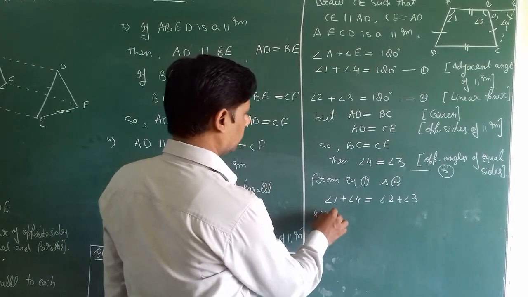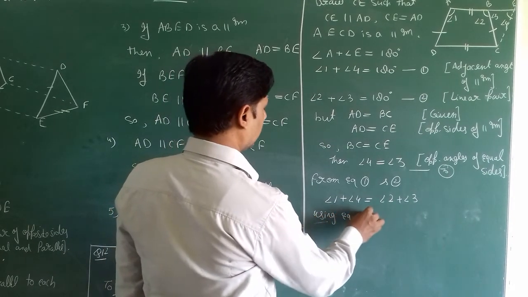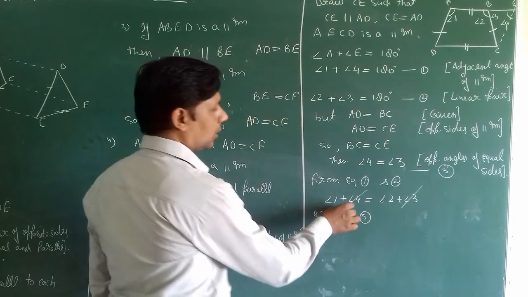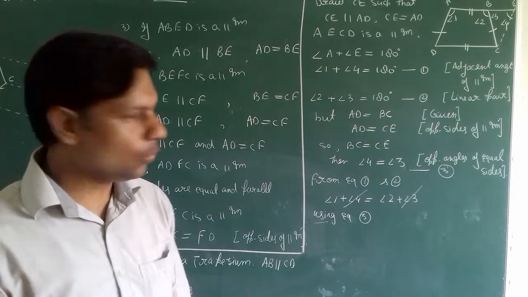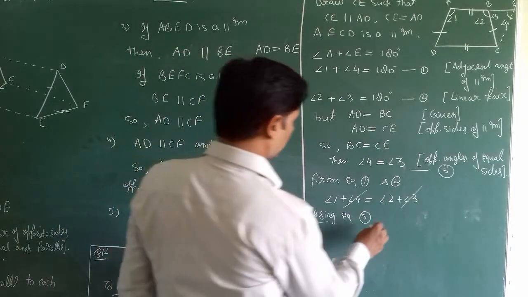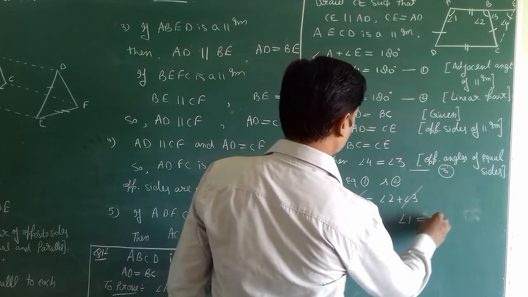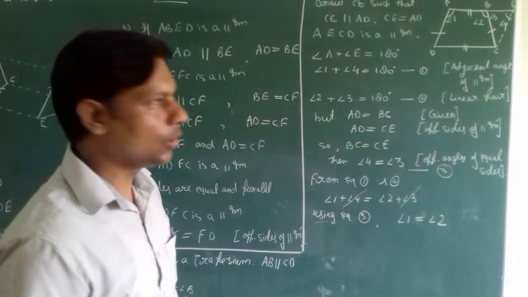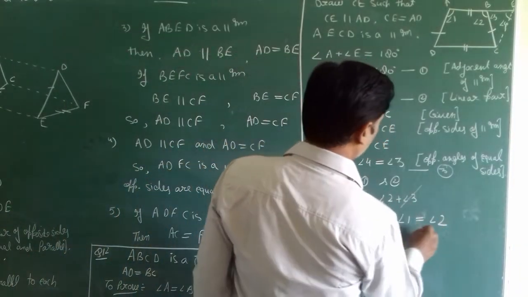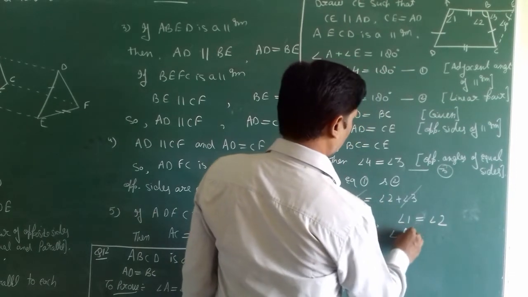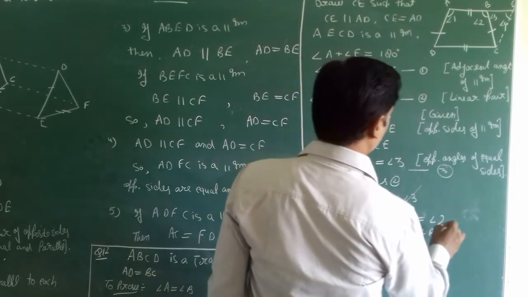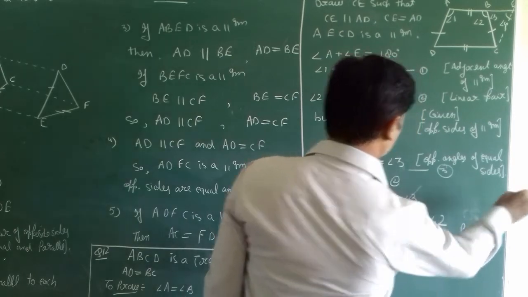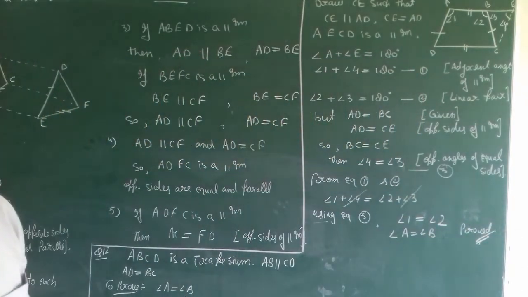So using equation 3, angle 3 and 4 are equal to each other. We can cancel them. So we have angle 1 is equal to angle 2. Right, students? Angle 1 is equal to angle 2. So we have angle A is equal to angle B, the first part. Is it clear to everyone?